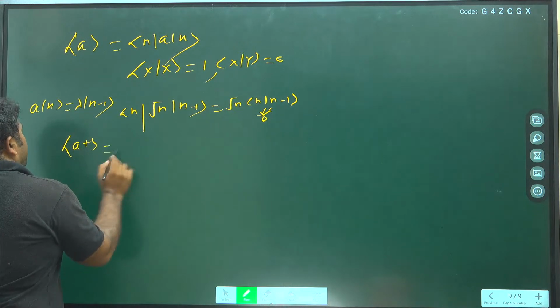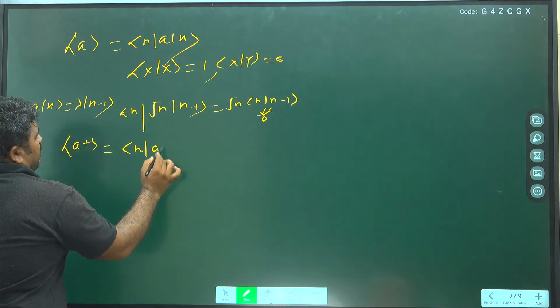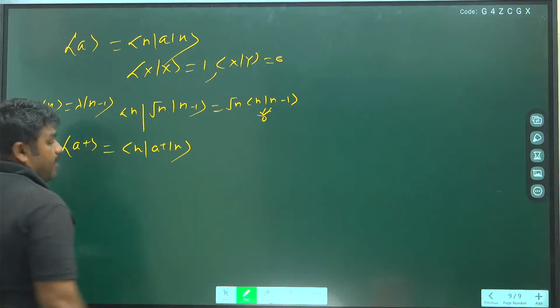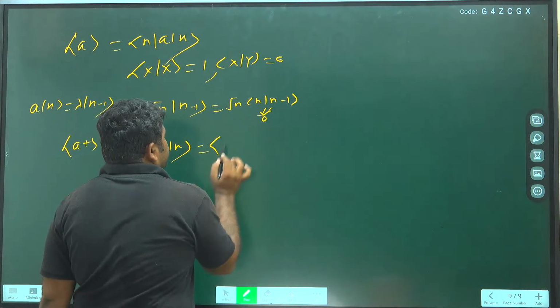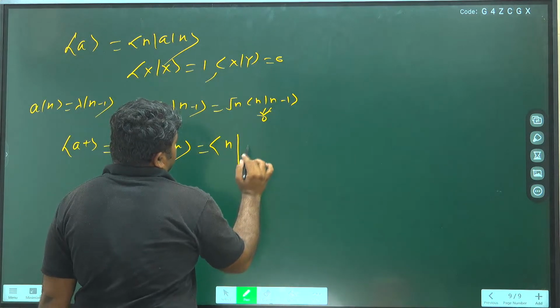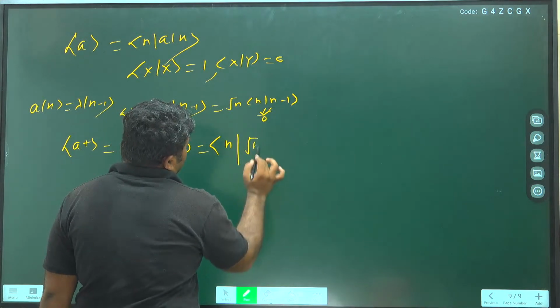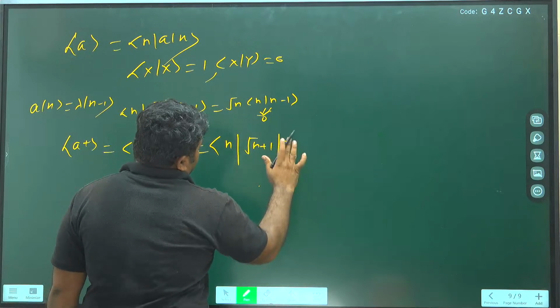Expectation of a dagger, so this can be written as <n|a dagger|n>. Okay, we know what the a dagger properties are. A dagger properties: the state increases by how much? 1. And we get eigenvalue root n plus 1, and the state increases by 1. By how much does the state increase?